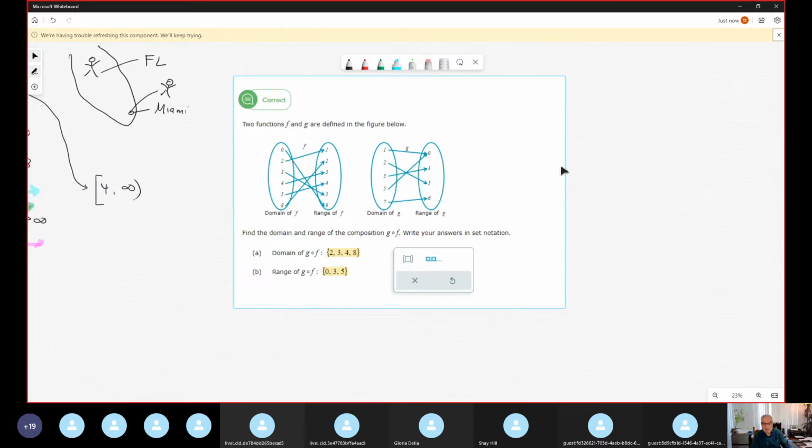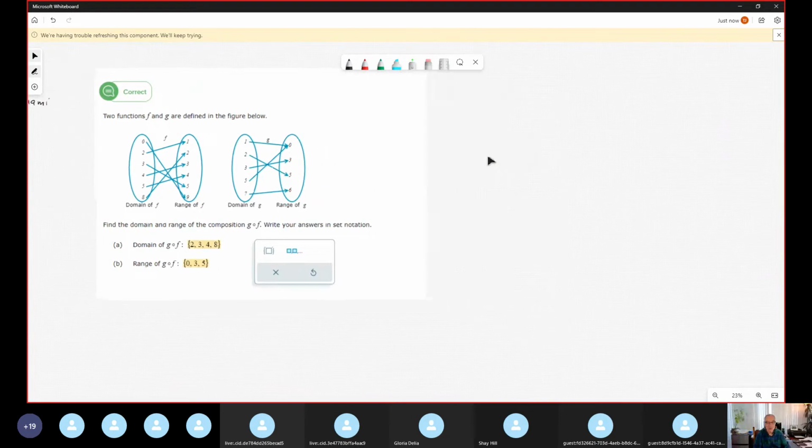Composition, what is the interpretation of the composition? You have two functions, the function f and the function g, for example. In that order, so my first function is f and my second function is g.